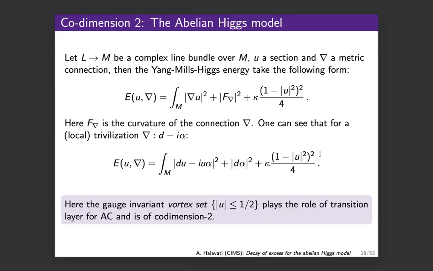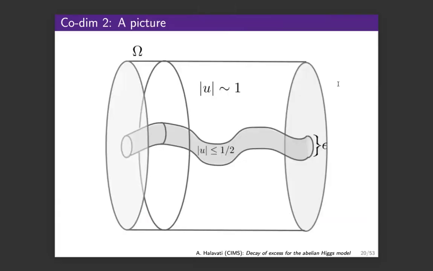So here, the transition layer, instead of U being away from +1 and -1, the same role is played by the gauge-invariant vortex sets. I'm going to call them vortex sets a lot of times, but I just mean basically the transition layer. And it's basically of codimension 2. I'm going to convince you later on, but the picture basically is going to look something like this.